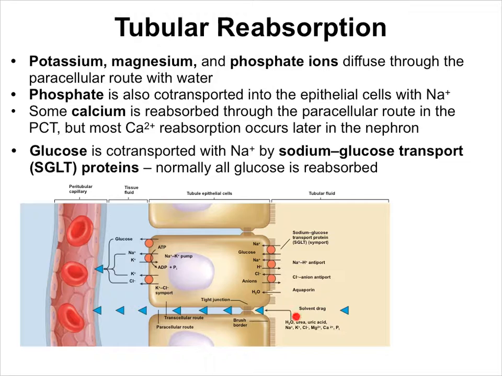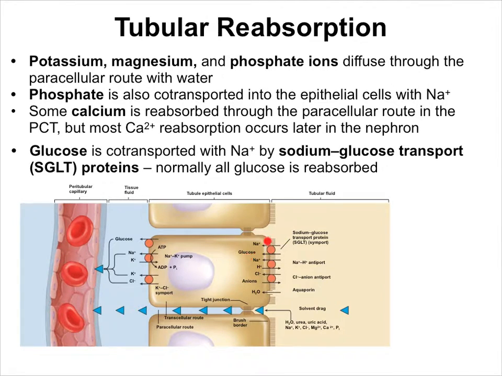Some calcium comes back in through the paracellular route. That's the amount of calcium that you reabsorb no matter what. But most calcium reabsorption actually occurs later on in the distal convoluted tubule and will be controlled by parathyroid hormone.